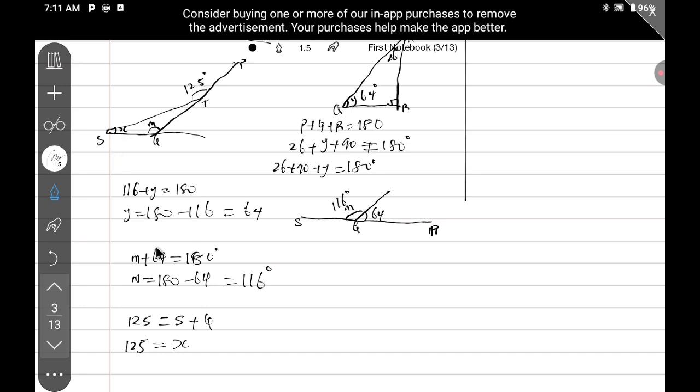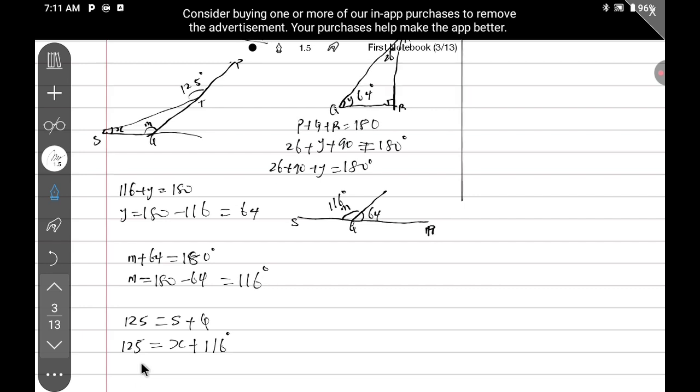So 125 equals S plus 116. Now the next thing is to subtract 116 from both sides. I take this 116 to the other side, it turns to minus.